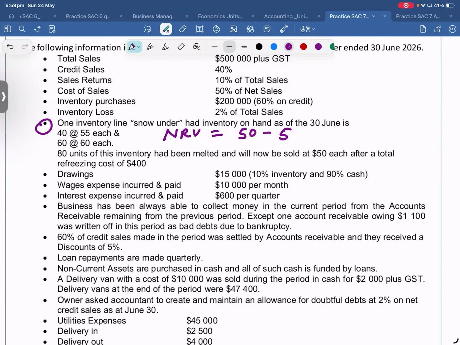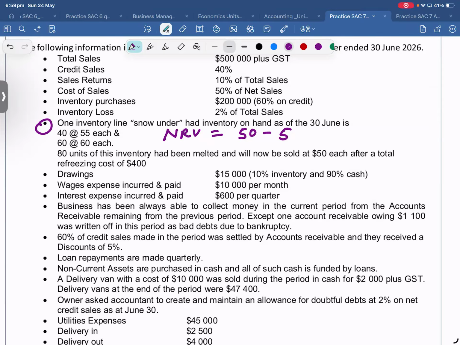Now, the stories have damage. The problem is only for 80 units, but there are 100 units altogether in our hand. Then which one are we going to take? First in, first out, FIFO. We are going to pick the FIFO, yes.